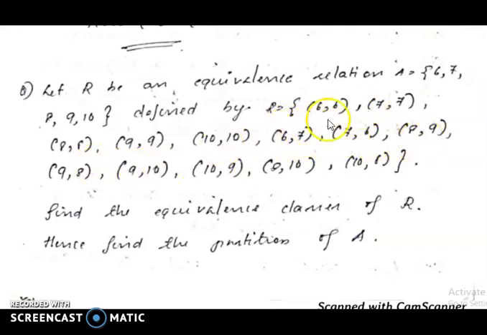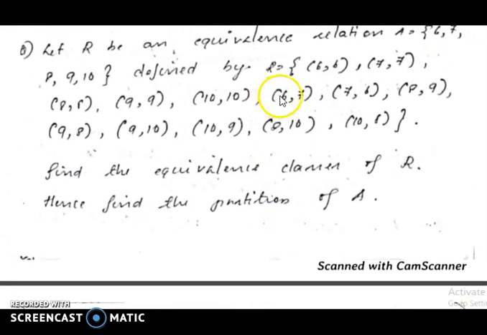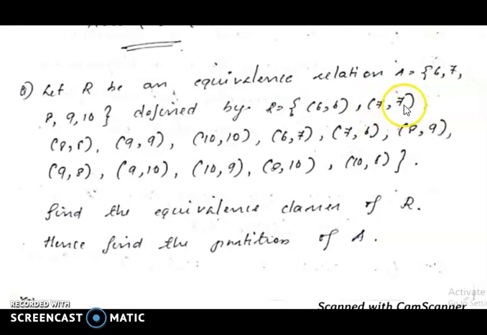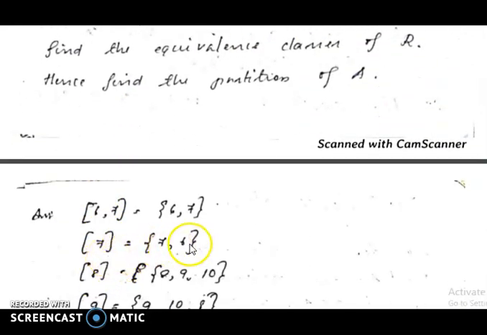So the equivalence class of 6 is {6, 7}. Then 7 is related to 7 and 7 is related to 6. The equivalence class of 7 is {7, 6}.